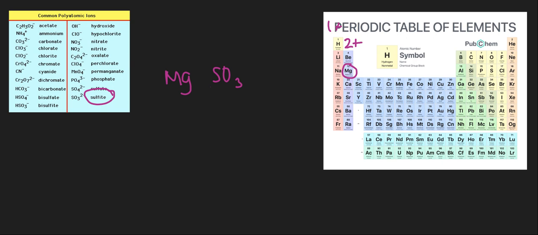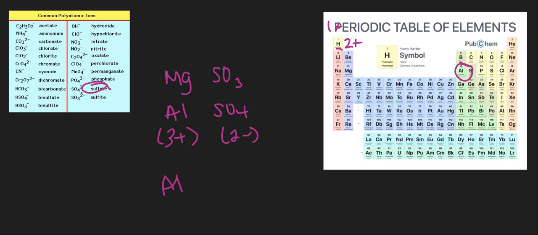But for example, if you're taking something like aluminum and sulfate, so instead of sulfite, let's do sulfate. Same charge. Aluminum has a 3 plus charge, sulfate has a 2 minus charge. So you're going to need 2 aluminum and you're going to need 3 of the polyatomic ion.